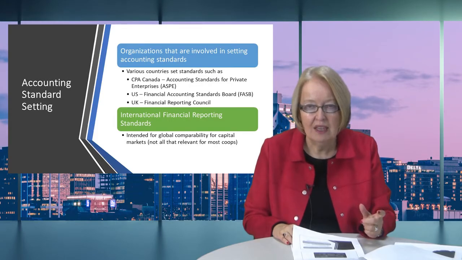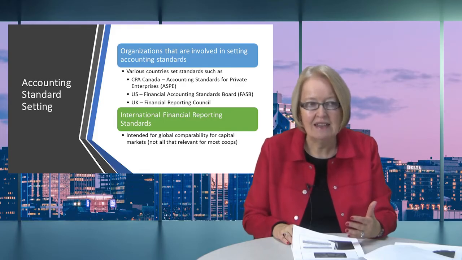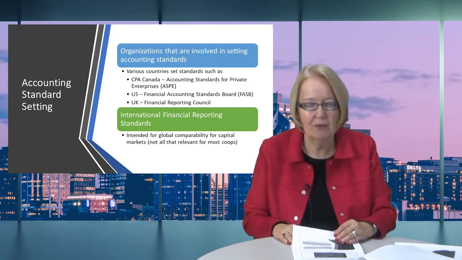So in Canada, the credit unions, of course, they hold funds for others, so they are required to prepare their financial statements in accordance with IFRS. And if you are not dealing in capital markets or you're not publicly accountable, then typically co-ops don't bother with IFRS. They just use accounting standards for private enterprise.